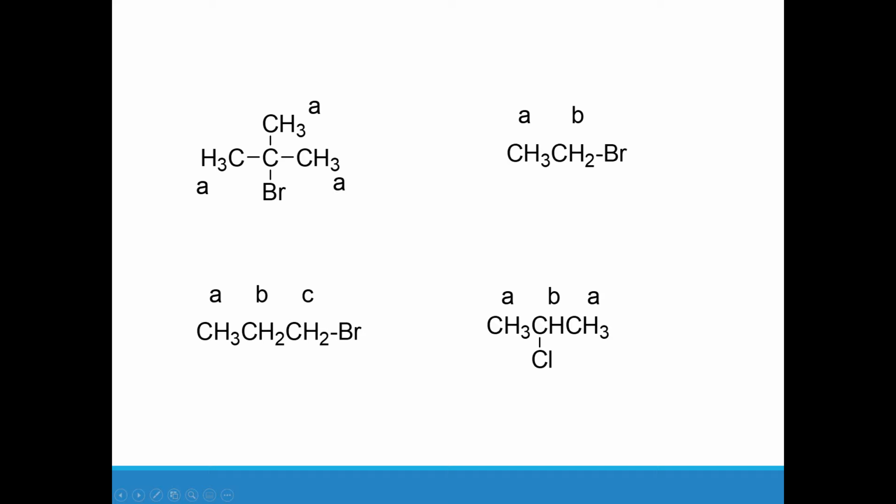For the ethyl bromide, we see that there are 2 signals, one from the hydrogens furthest away and then the one closest. If we add another methyl group, then it's 3 signals, going from farther, to middle, to closer. If we move the chlorine toward the middle, the molecule becomes symmetrical again, and so the methyl groups at the end are one signal, and the hydrogen in the middle is another.